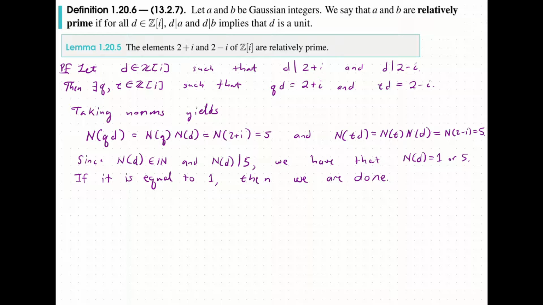So let us go ahead and suppose that it is equal to 5. So we have the norm of d is equal to 5. But that implies that the norm of q and the norm of t is equal to 1.